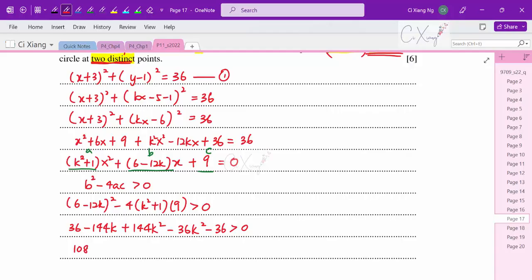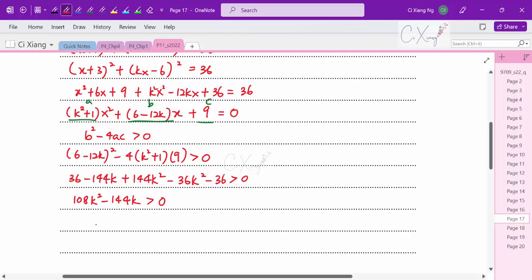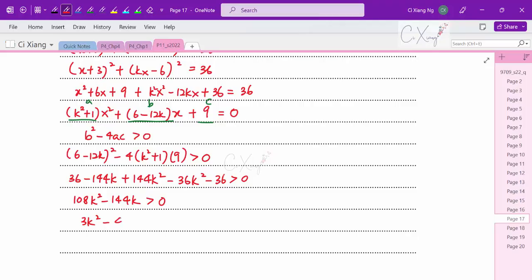Simplify and rephrase everything again. I'm having 108k squared minus 144k greater than 0. Simplify the coefficient. Eventually, I'll get 3k squared minus 4k greater than 0.